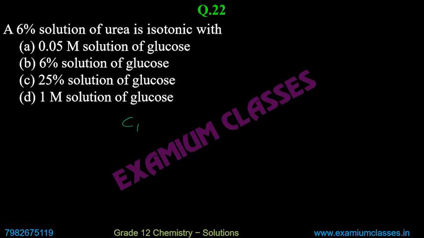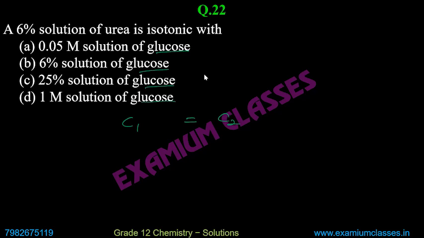Isotonic means C1 RT equals C2 RT, RT cancelled, means concentrations need to be same. 6% solution means 6 out of 100. To calculate the concentration of urea and then compare it with glucose, you will get the answer.